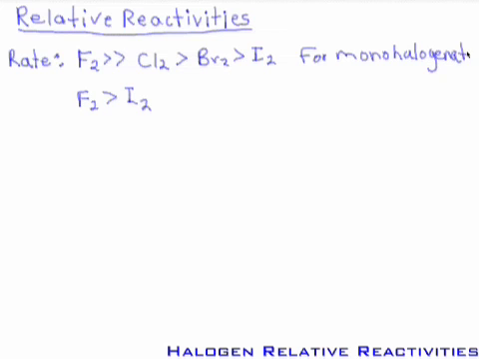Monohalogenation, whereas this is BDE, bond dissociation energy. What's that mean? Remember, bond dissociation energy is the amount of energy you have to put in to break the F2 bond. If it takes more energy to break the F2 bond, you would think the reaction would be slower, but F2 reacts faster. So simple bond dissociation energies can't be used to explain this rate.